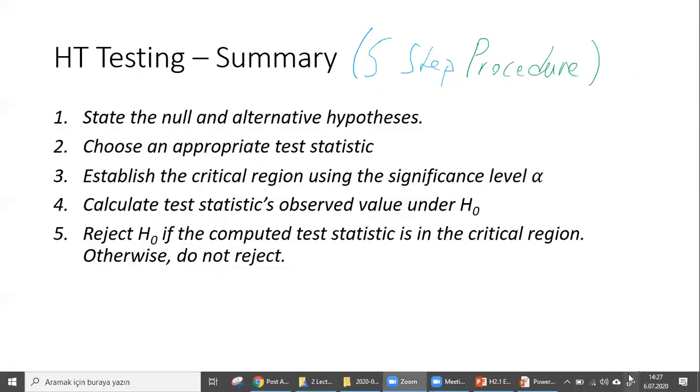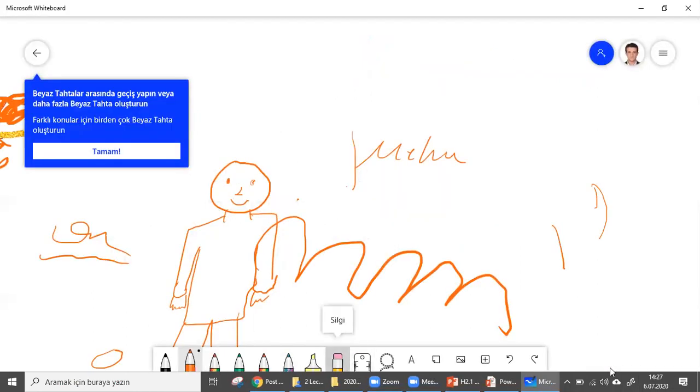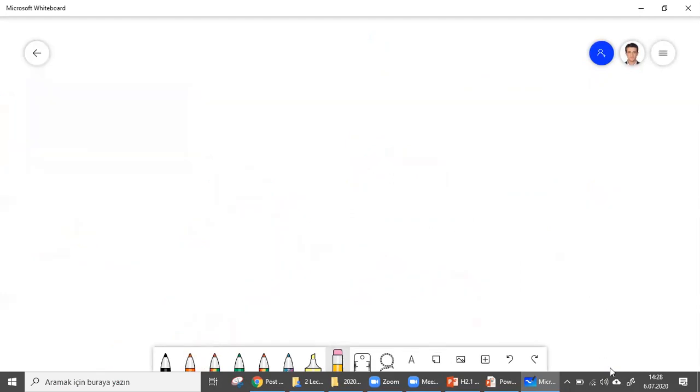Let me open the whiteboard. So remember our question: I have n equal to 100, x bar equal to 71.8, and I'm testing whether mu is equal to 70 or not.